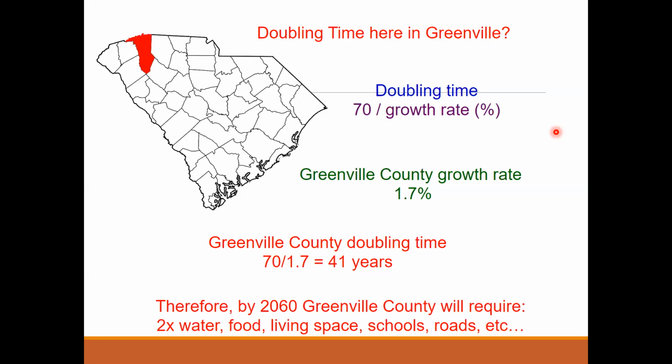So 41 years might seem like a long time right now, but I'm from the Chicago area, and when I go home and see the area that I was growing up in some 30 years ago, it is amazing to see how much of that area that was once farmland has now become living space and schools and roads.